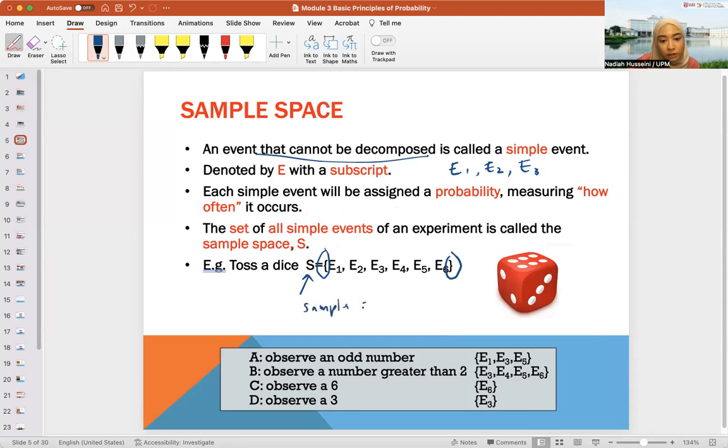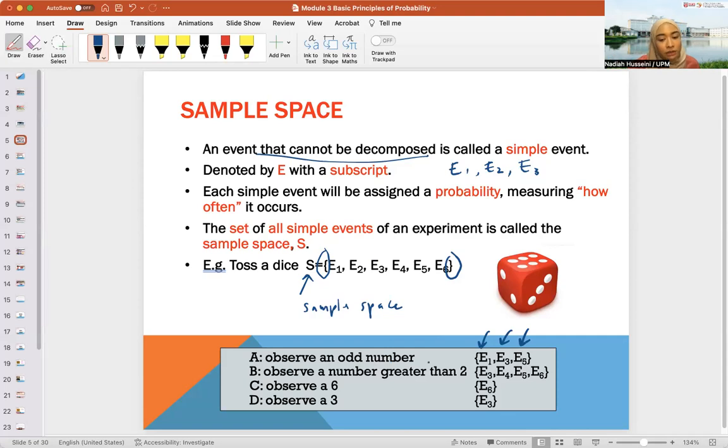I know this is pretty boring because we just started probability. We have to know how to write probability. You have to know the terms first. So S is equal to, in brackets, your events or elements, where E with a subscript is your event. For example, you observe an odd number; this was observed in event 1, event 3 and event 5.